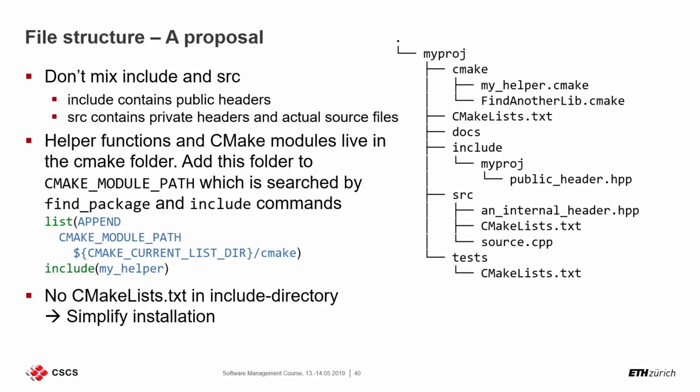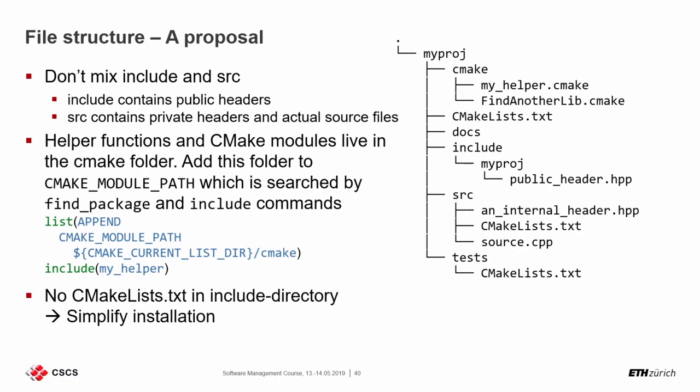And there is also the cmake folder, where you find some helpers, maybe, that you can include with the include command. Or there are these Find star files that you can include with find_package.